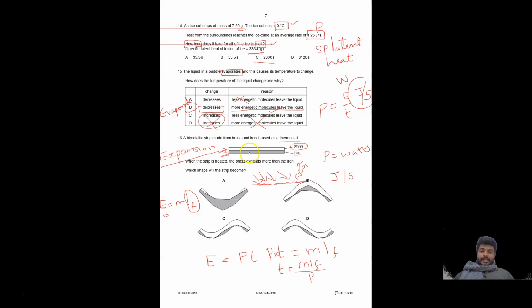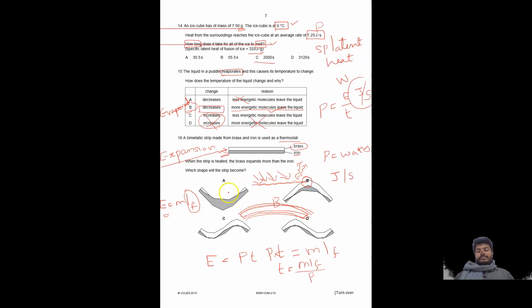By gaining this heat energy, the brass expands more. If it expands more, the length of brass increases more than the iron, right? So on the top surface, this is the brass, and the length here increases. The bottom length increases less. So the option is B.